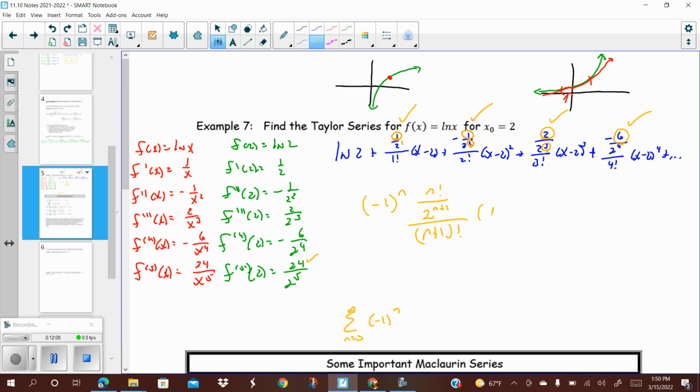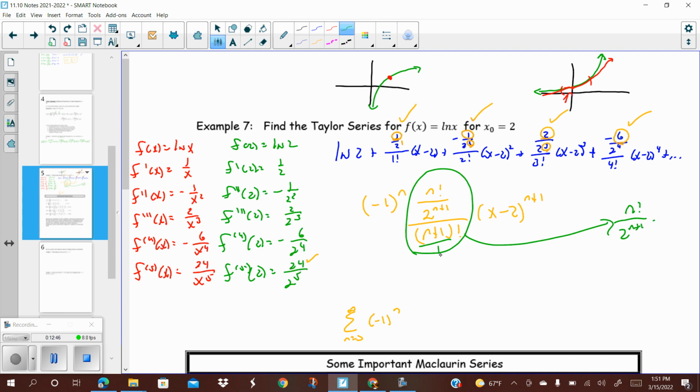And then I've got this x minus 2. Those exponents also match the factorial, so that's going to be raised to the n plus 1 as well. We don't want to leave what we've got in its current form. The x minus 2 to the n plus 1 is perfectly fine, but I'm going to circle this whole thing right here. We bring this part over and write it as n factorial over 2 to the n plus 1, times the reciprocal of the denominator.